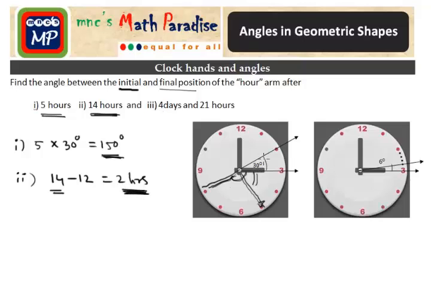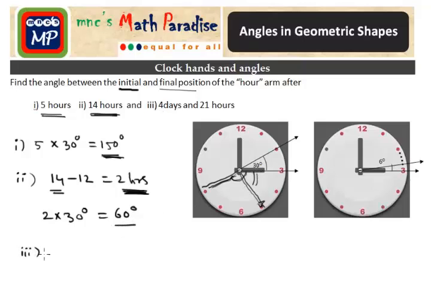Every hour the hour clock moves 30 degrees, so for 2 hours it will be 2 times 30, that is 60 degrees. It moves 12 hours first and then 1, 2. So the angle between its initial and final position will be 60 degrees.